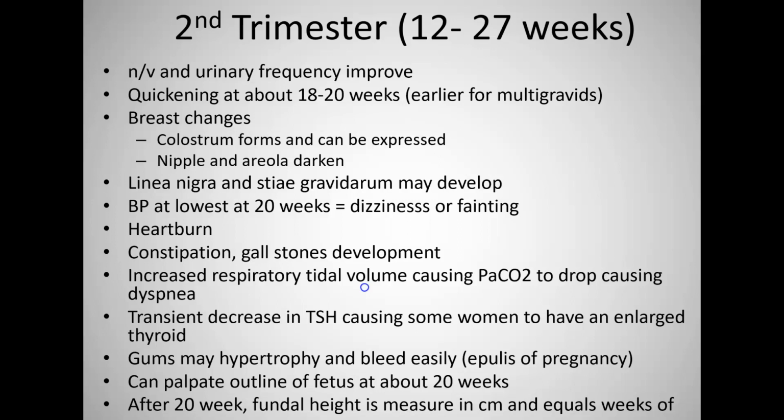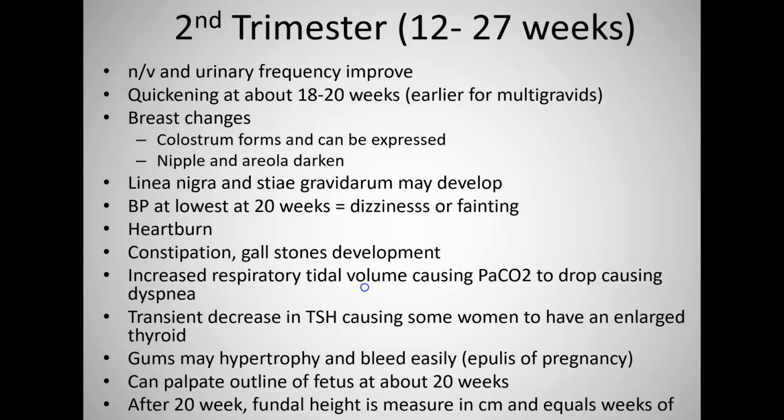The blood pressure is the lowest at this point, and sometimes people may tend to have periods where they may faint or get dizzy. They have heartburn because of that pressure and the fetus getting bigger, constipation, gallstones, increased respiratory tidal volume.